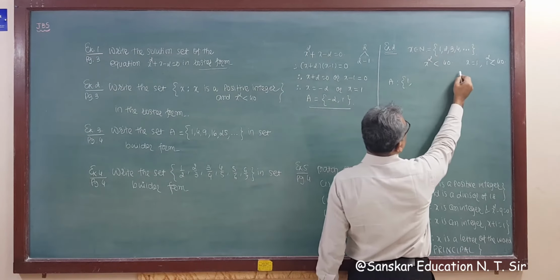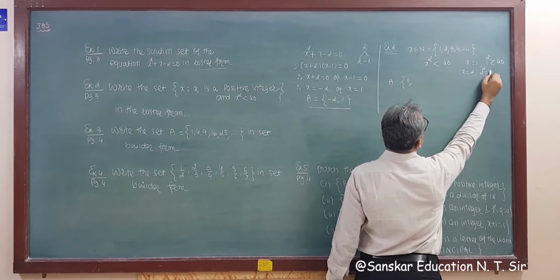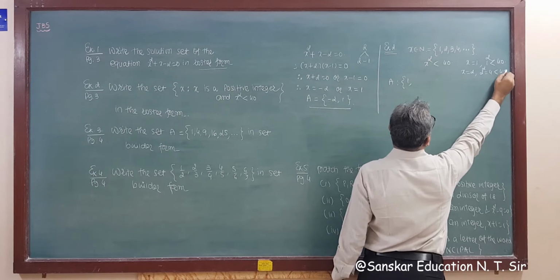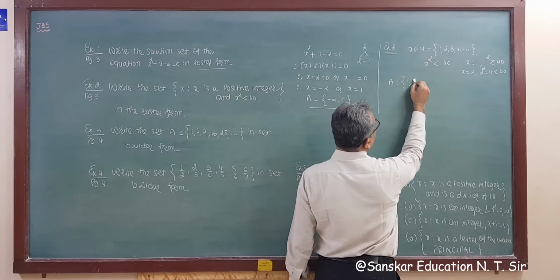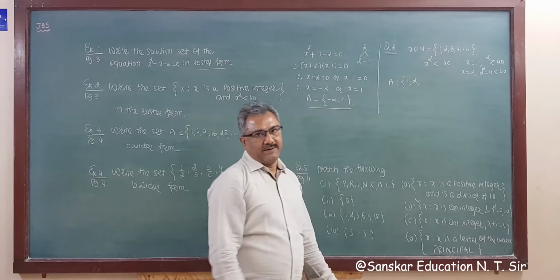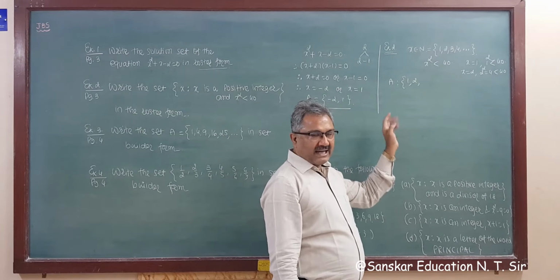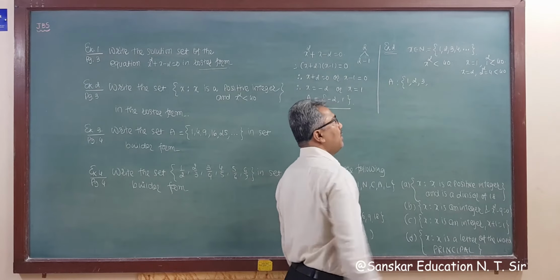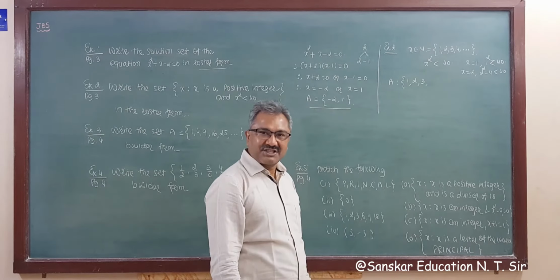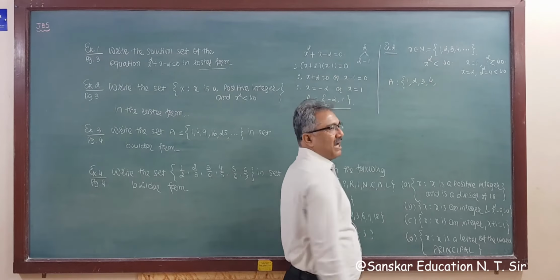Suppose we take x is equal to 2, then 2 square is equal to 4, less than 40. This is correct, so 2 is also possible. If we take 3, then 3 square is 9, less than 40, yes. Then 3 is a possible value. 4 square is 16, less than 40, so 4 is also possible.